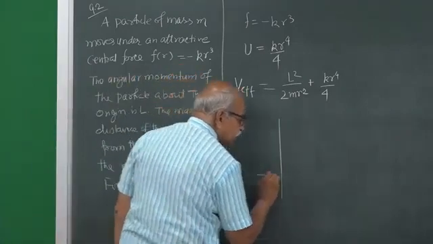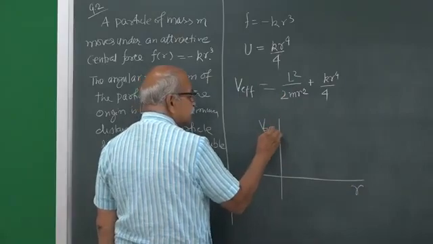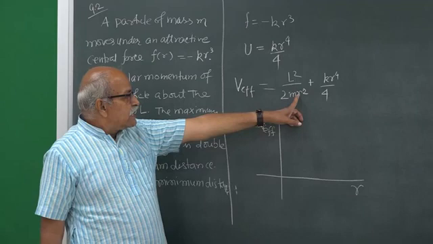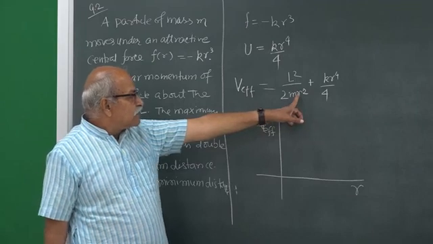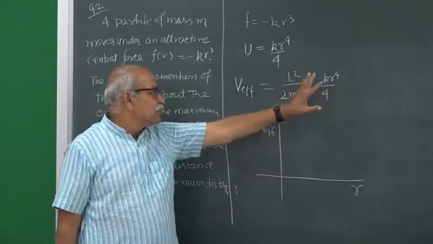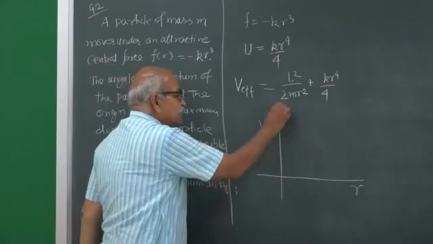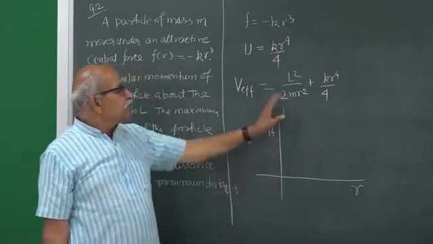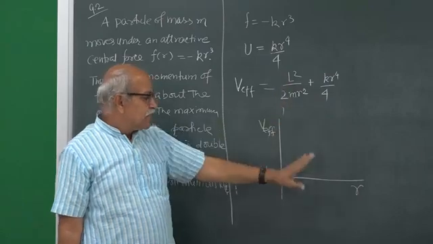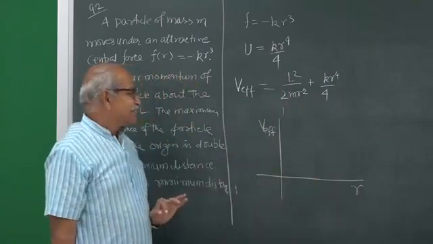If this is r and this is V effective, for very small values of r the second term is negligible, and the first goes to infinity, so it comes from infinity. All the time it is positive, r square here, r 4 here. I do not have to find the point where it crosses the r axis.